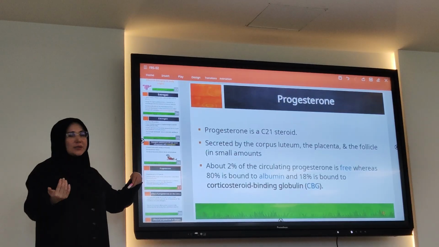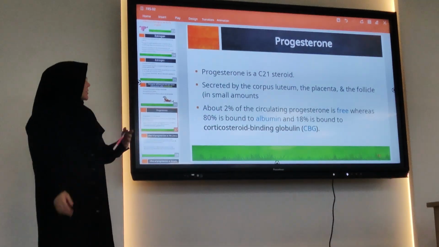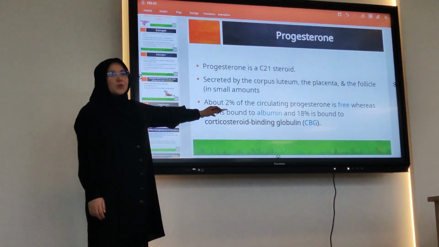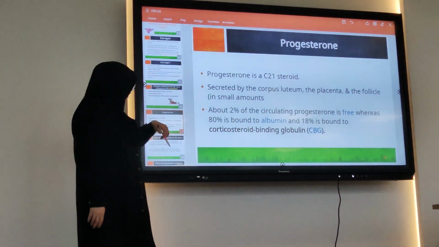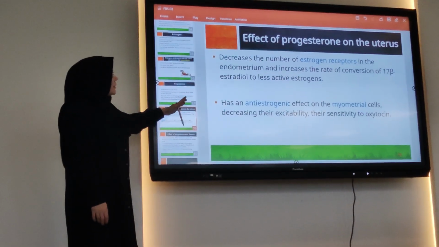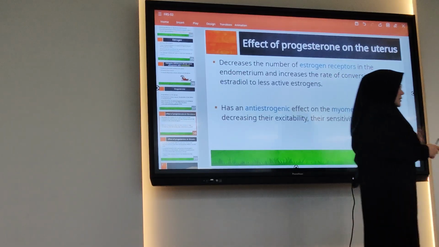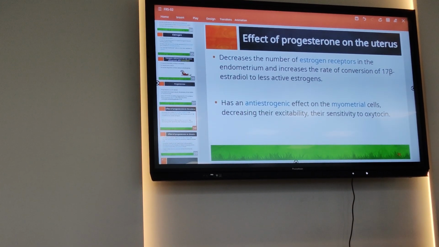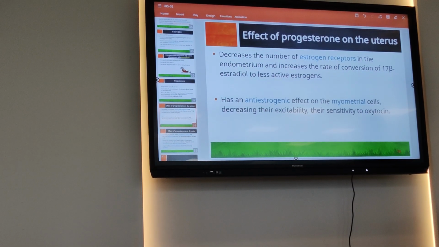Progesterone is another important hormone, my dear friend, secreted by corpus luteum and by placenta, and progesterone should bind to another protein such as albumin or corticosteroid binding globulin to circulate in the blood. One interesting thing is that progesterone inhibits estrogen's function. But on the other hand, estrogen activates progesterone's function.